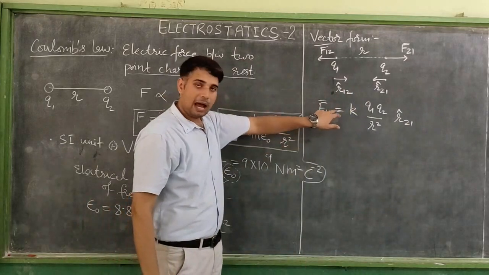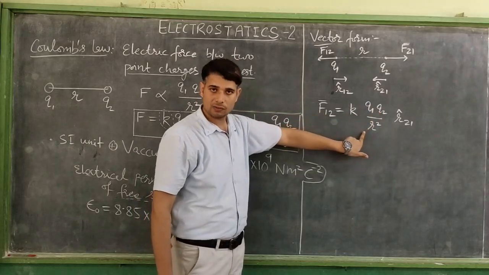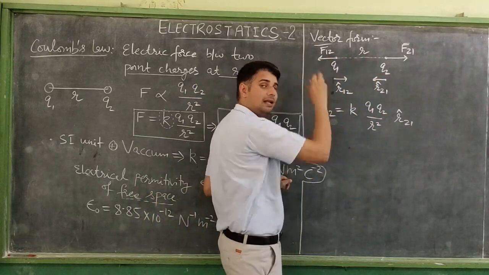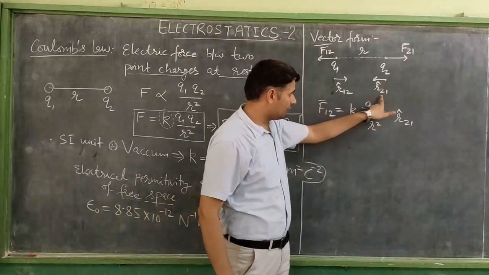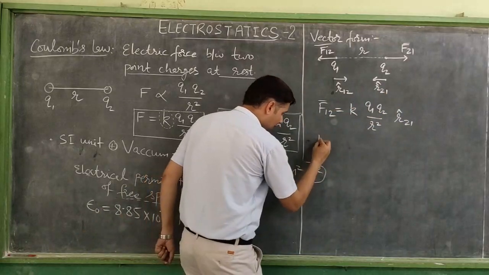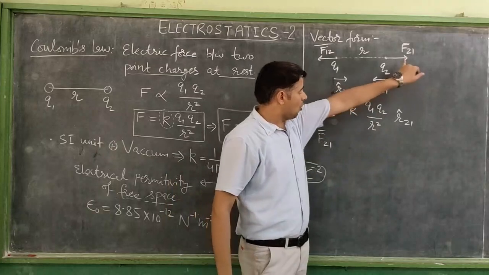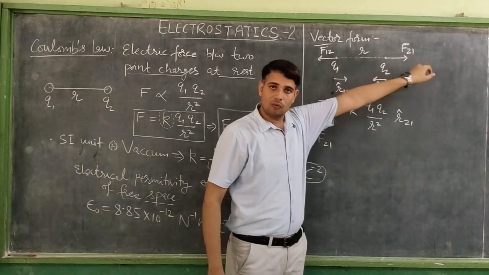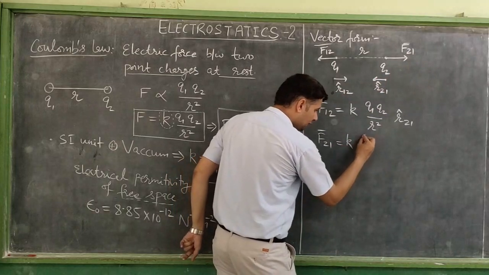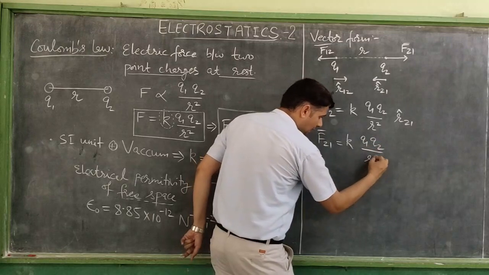So here we have written F12 vector equals K Q1 Q2 divided by R square, and the direction will be from 2 to 1, this left side direction. So for that I have written R21 cap. In the same way F21, that is force on second charge due to first charge, should again be equal, magnitude will be same only, K Q1 Q2 divided by R square.